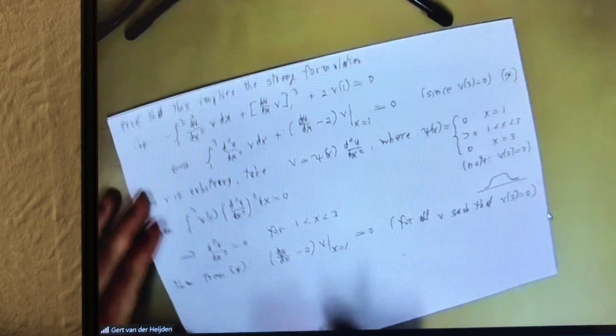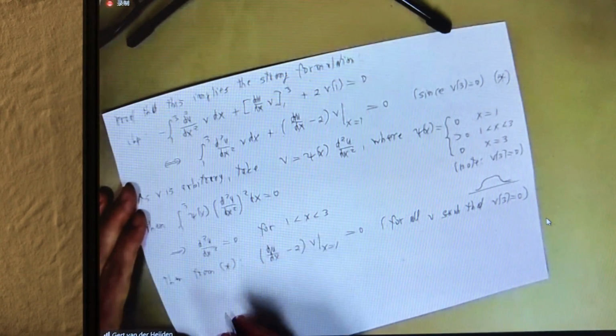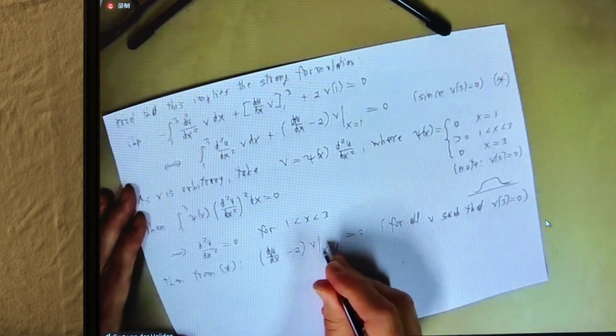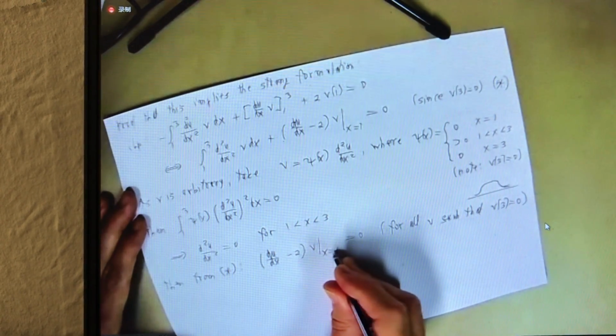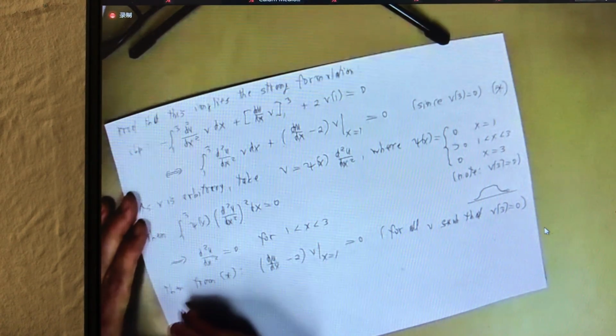Okay, so we can again take a special v, and that's easy enough here. We take one where v is 1 at 1, for instance. Then we get rid of v there.